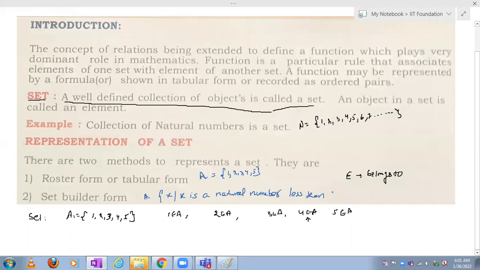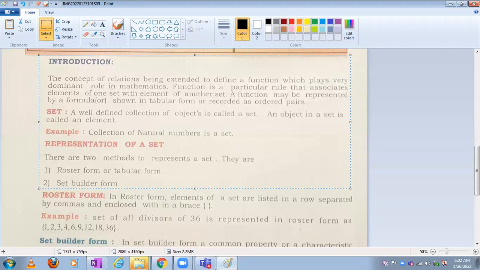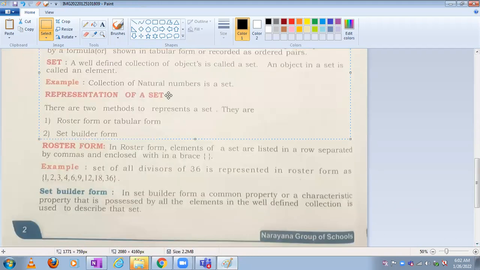X is such that x is a natural number less than what? Come on, 6. It's 1, 2, 3, 4, 5, which means the set of x such that x is a natural number less than 6.